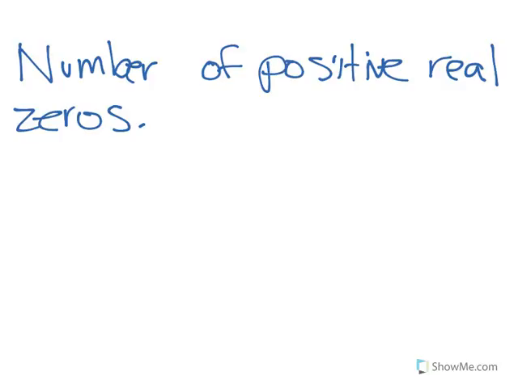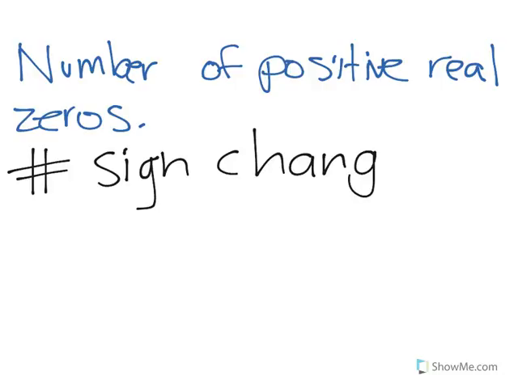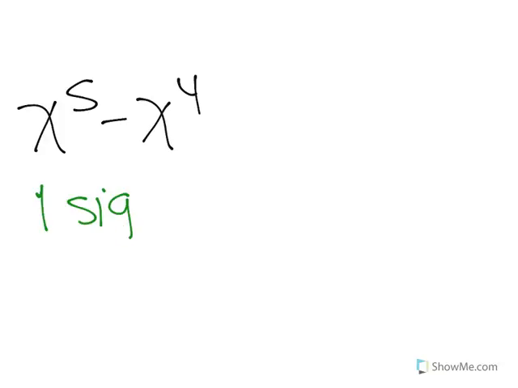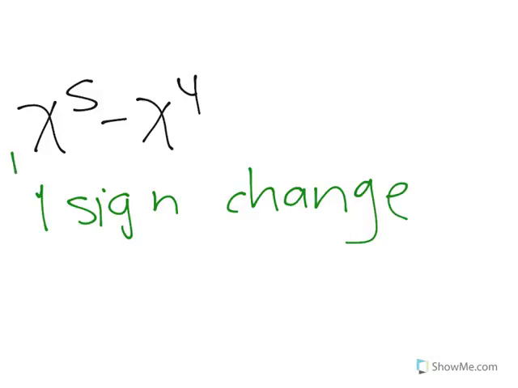We do this by finding the number of sign changes. What do I mean by sign changes? Well, if you had, for example, x to the fifth minus x to the fourth, then we see that here we have one sign change, from positive to negative, right here, see?